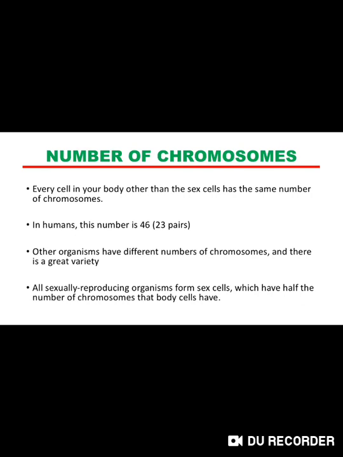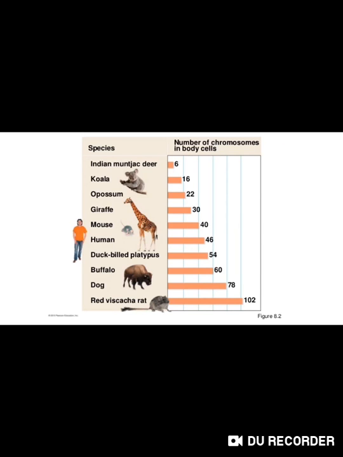All sexually reproducing organisms form sex cells, which have half the number of chromosomes that body cells have. This is the example I was talking to you about before. As you can see, different species have a different number of chromosomes.